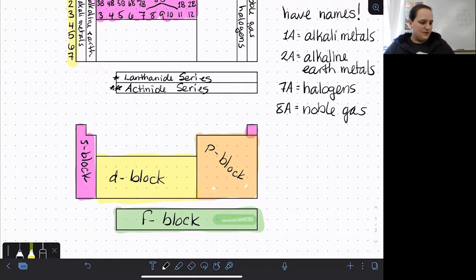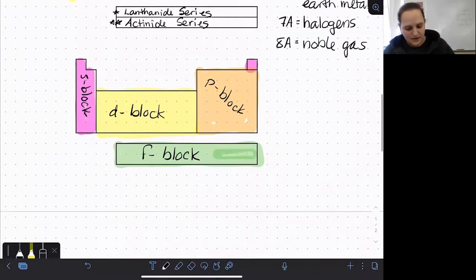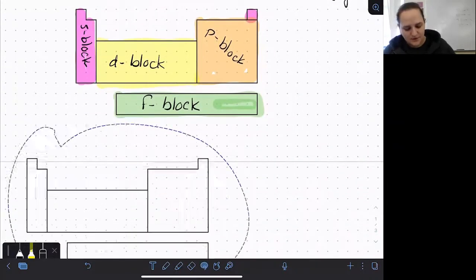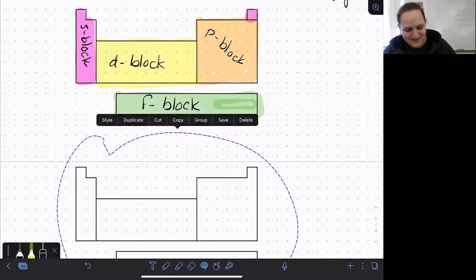Similar subdivisions, but different names for the blocks. I'm sorry we have so many names, but we do. Welcome to science.